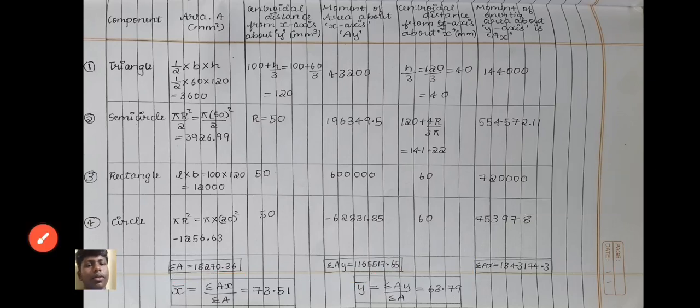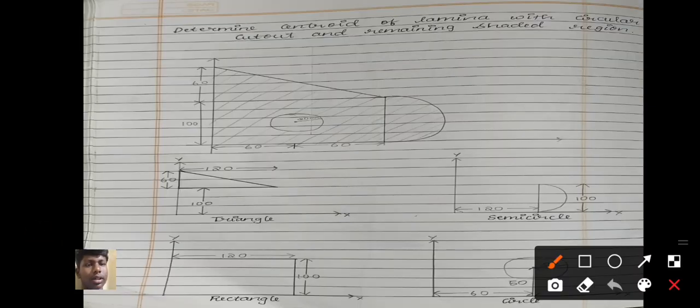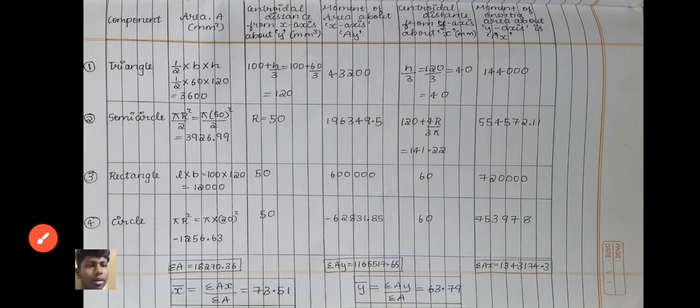Those are the values of x bar and y bar. And this centroid is present at the x distance of 73.51 and y distance of 63.7879 for the given shaded region.